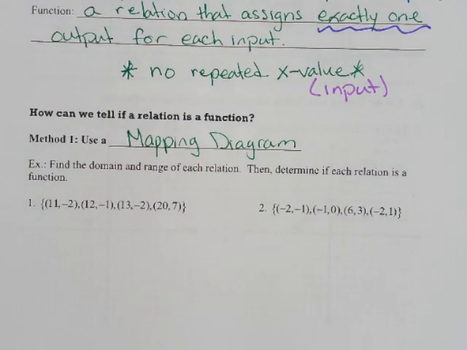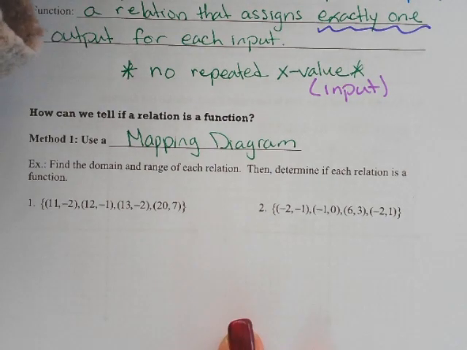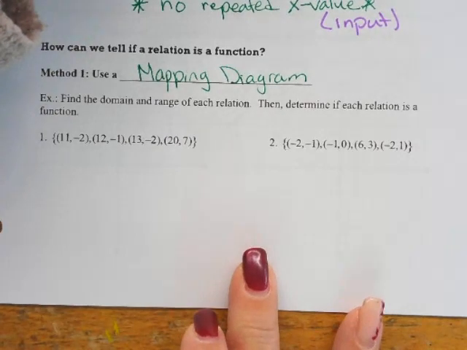Anyone hear the vertical line test? Okay, it's all the same stuff. The mapping diagram is fairly easy, however the vertical line test is a lot easier, but we're going to start with the mapping diagram first.